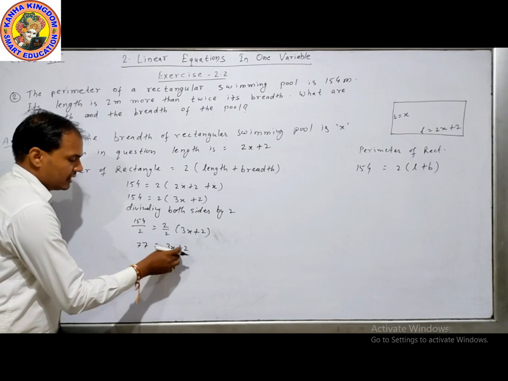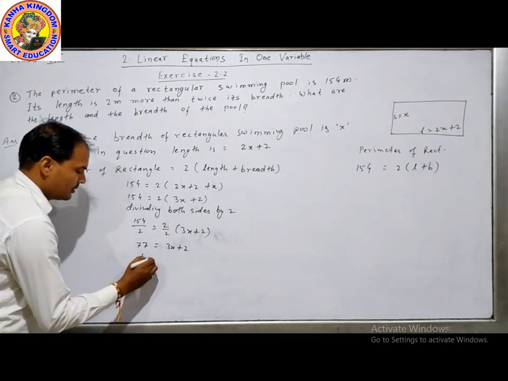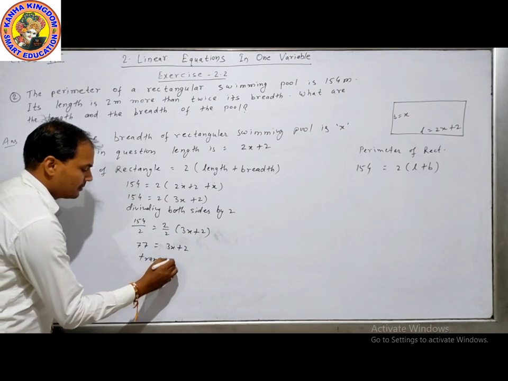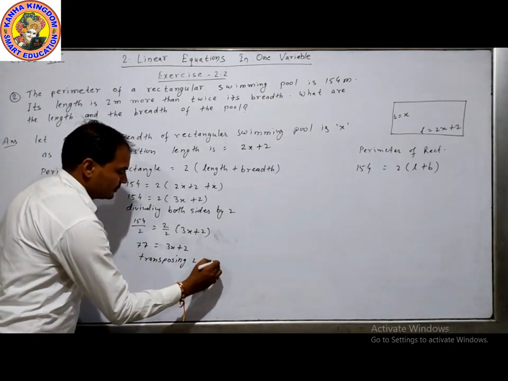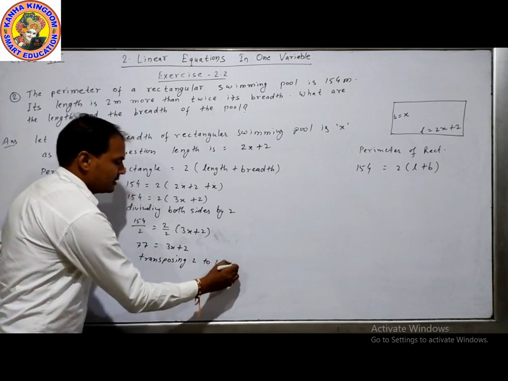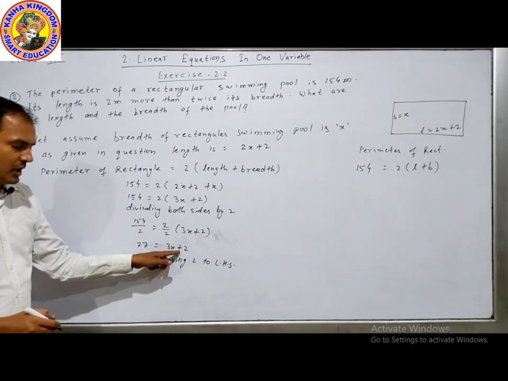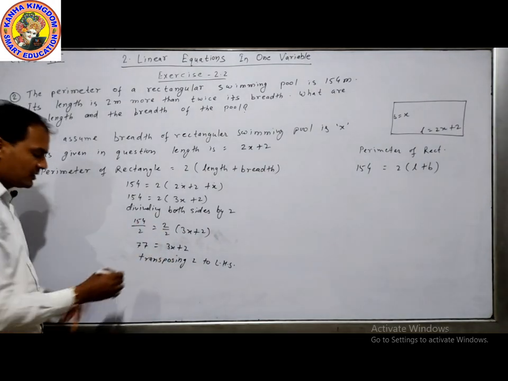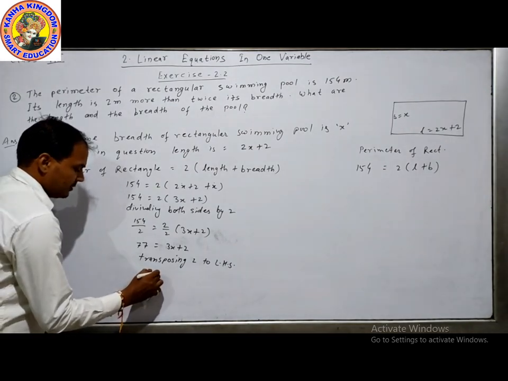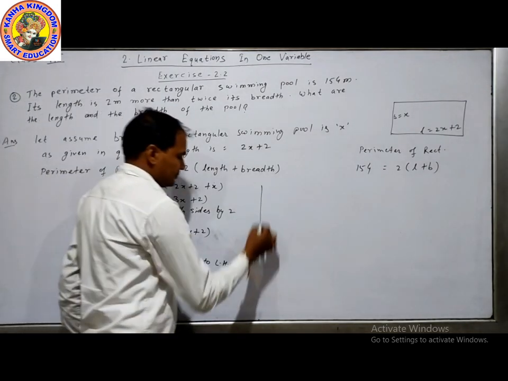Now we have to move 2 to the left hand side. Transposing 2 to the left hand side, plus 2 becomes minus 2. 77 minus 2 is equal to 3x.